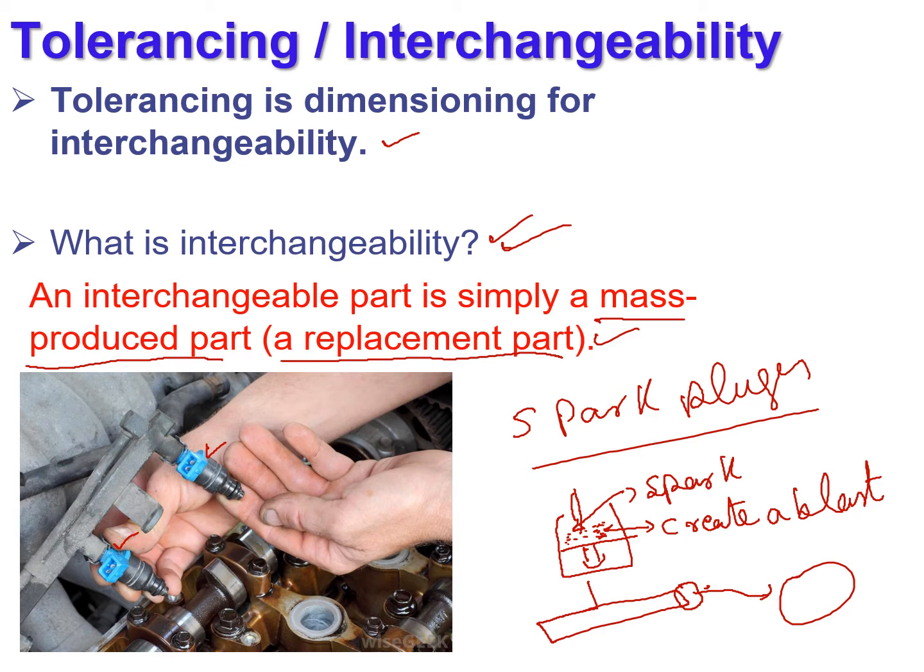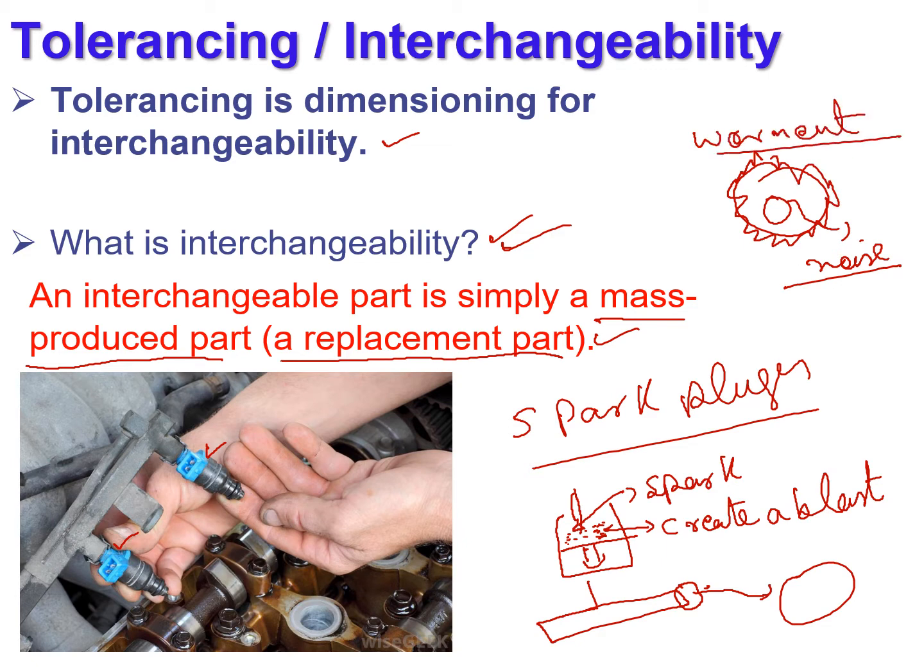For example, if you have a tire on your vehicle and the bearing starts making a certain type of noise that you will hear, then the bearing is about to be replaced. So that is also an interchangeable part. If your tires are worn out, then you can also replace the tires on your vehicle. So that is also an interchangeable part.